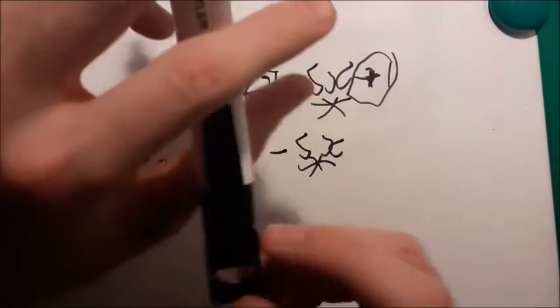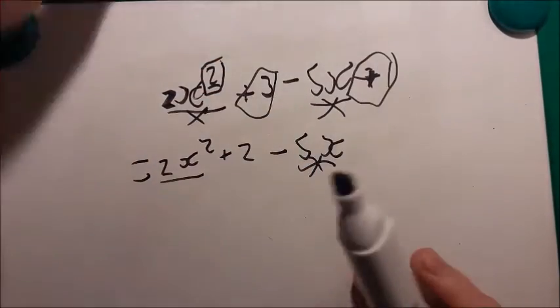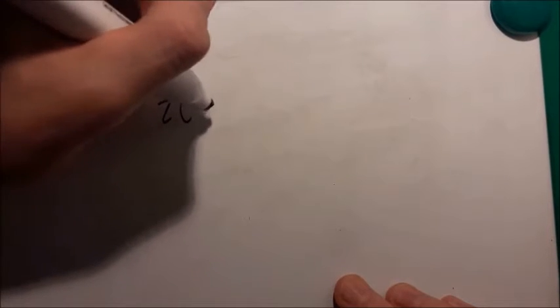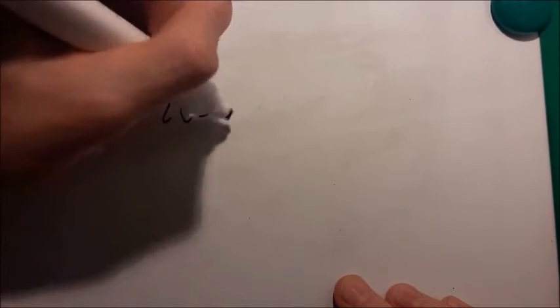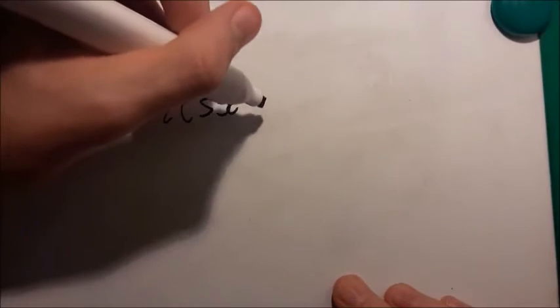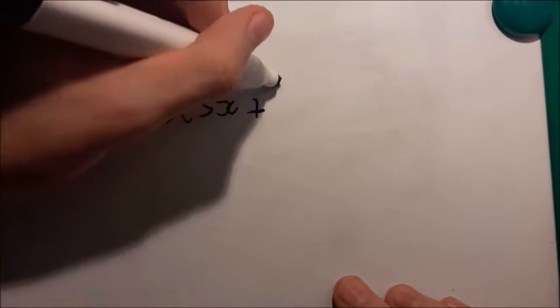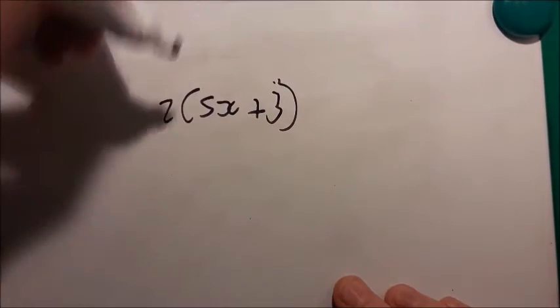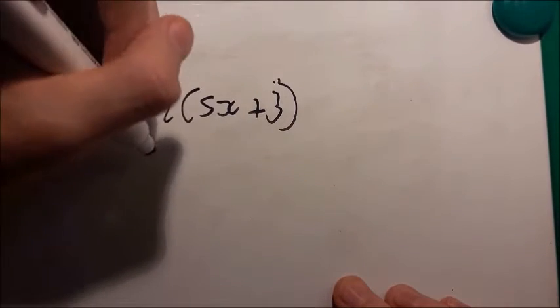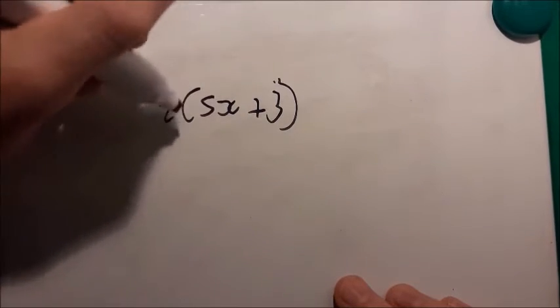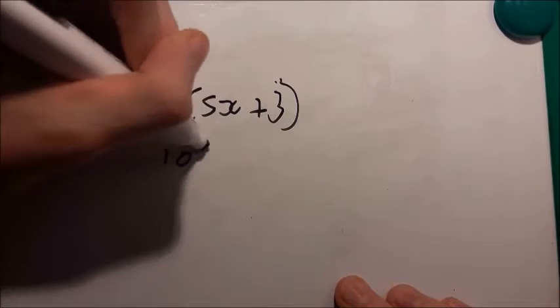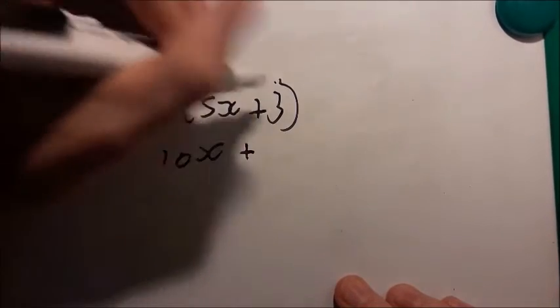Okay, so in our next example, we have the distributive method. So we have 2 times the brackets 5x plus 3. To simplify that, we can just say 2 times 5, which is 10x, plus 2 times 3, which is 6.